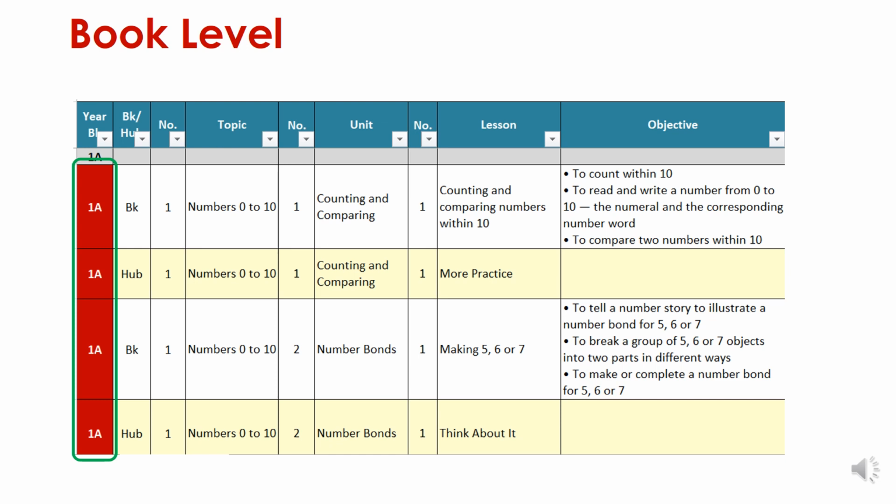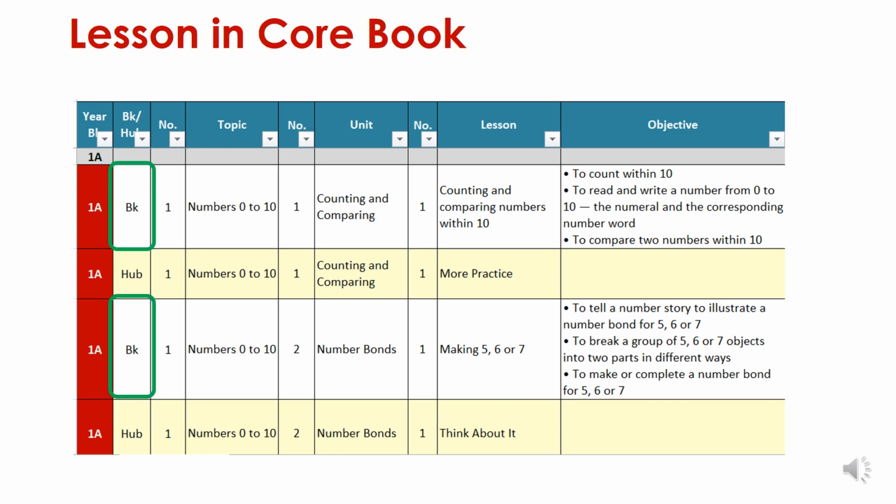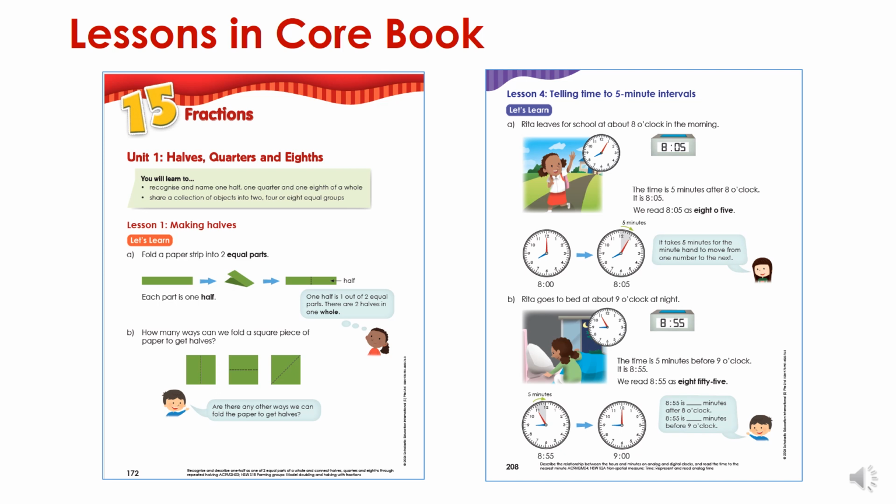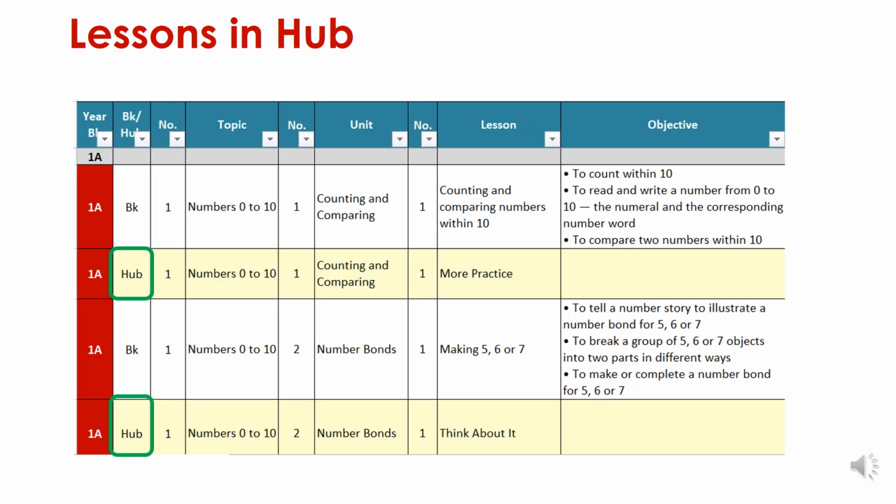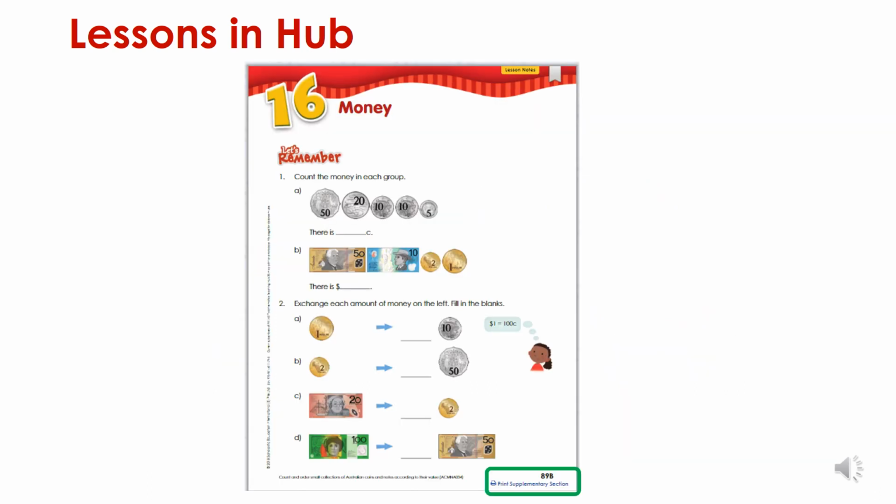First, the resources are listed by Prime core book level. Then by whether the resource is in the core book, so available in print and to view on screen, or the hub, which means they are downloadable.